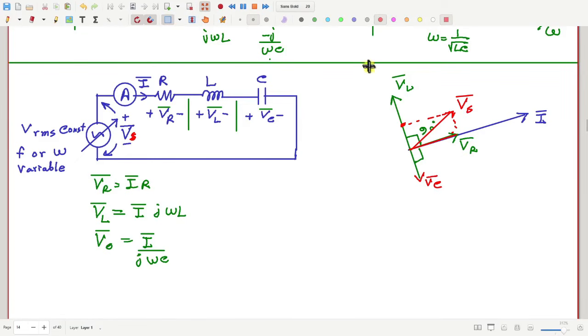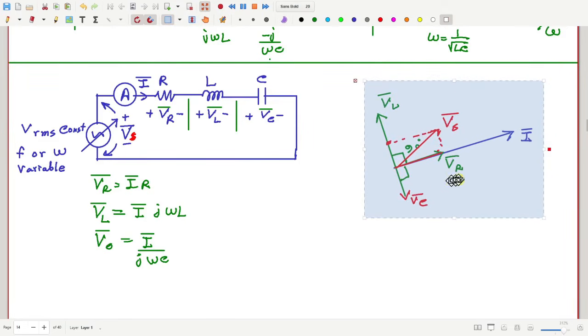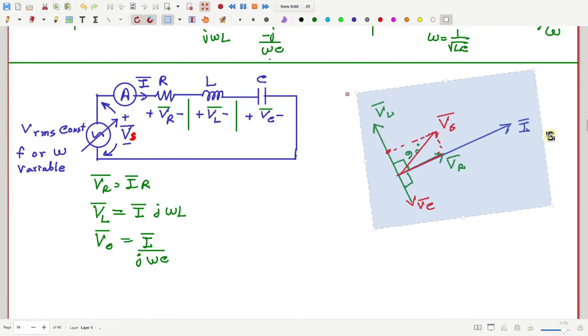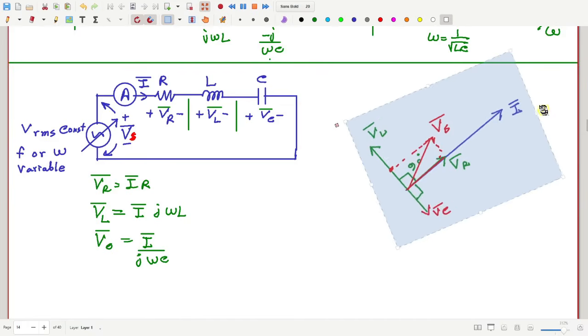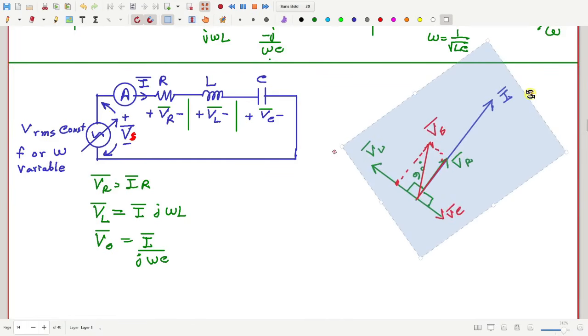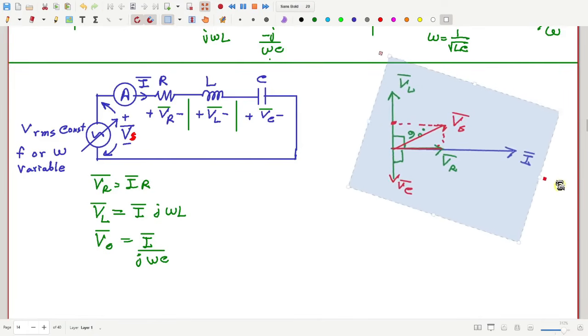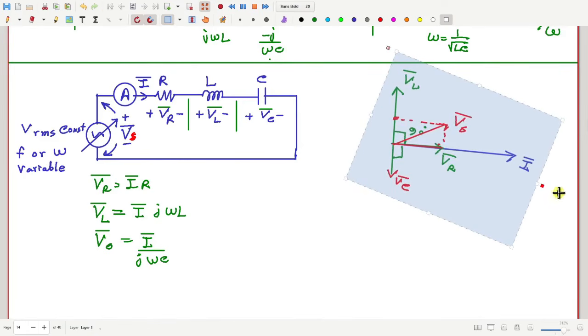Okay, now let me copy this and, if I say rotate this diagram, can I do that? Does this also represent a phasor diagram for this circuit? Or if I rotate it further, is it still valid? Or if I say make it like this, is it still valid?